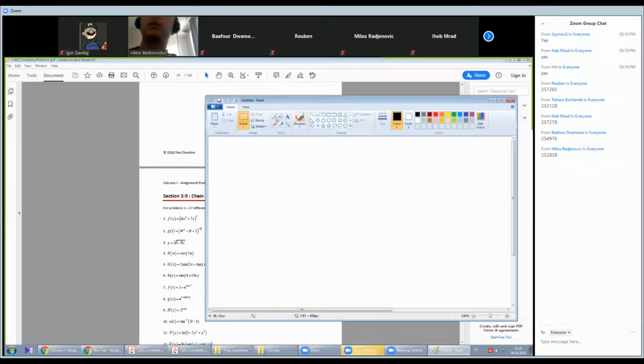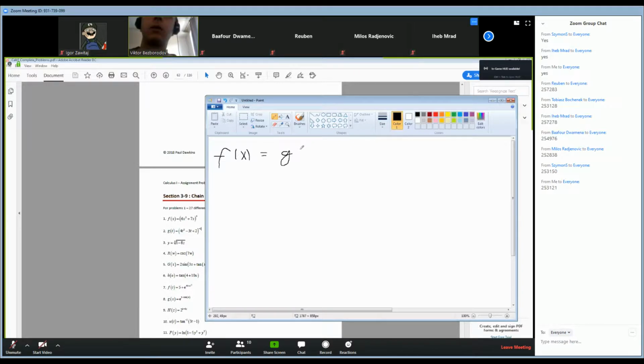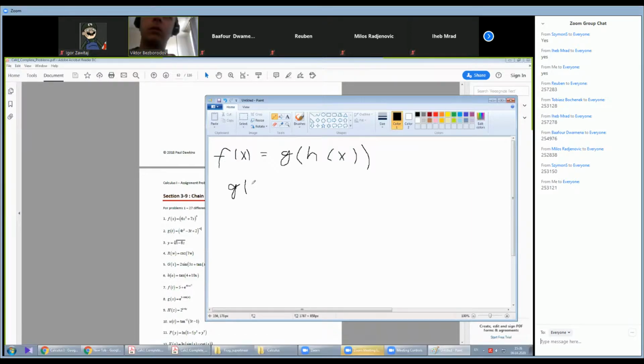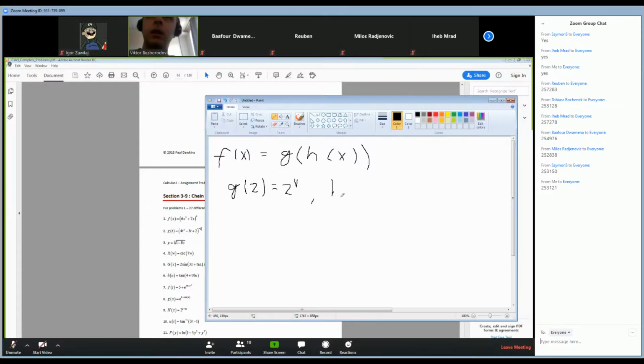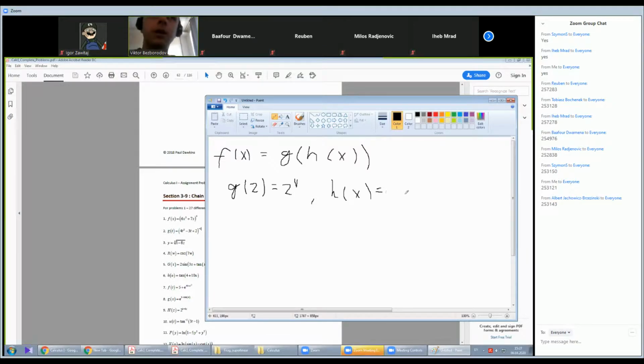Let's first write f of x equals g of h of x, where g of z equals z to the 4th, and h of x equals 6x squared plus 7x.